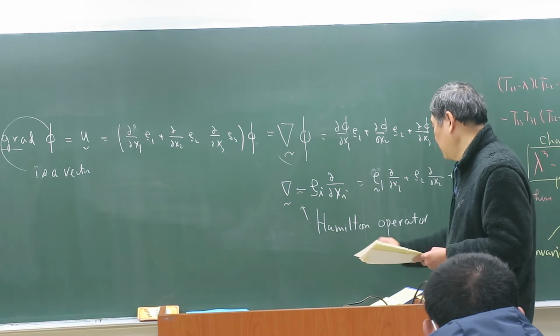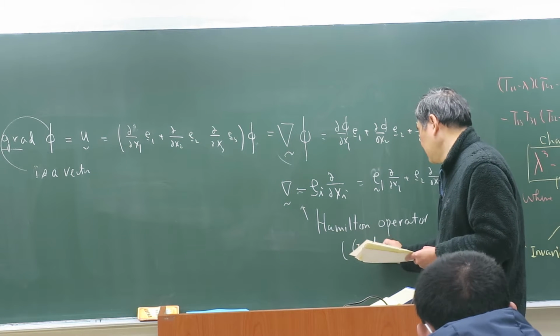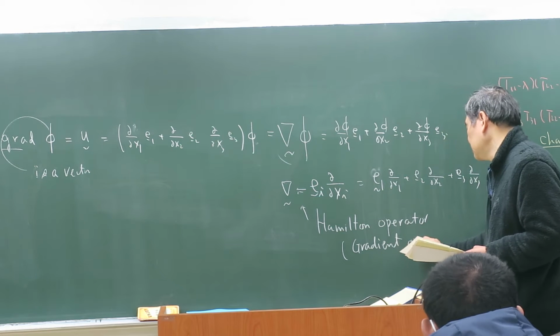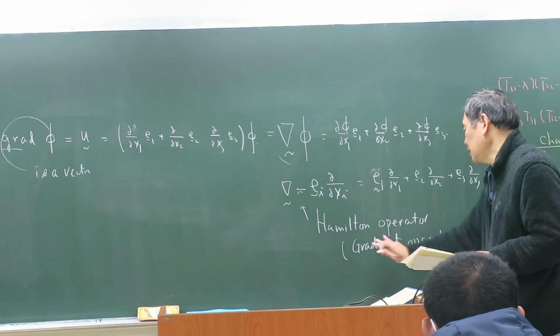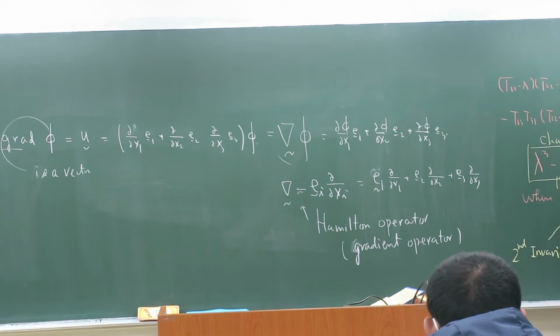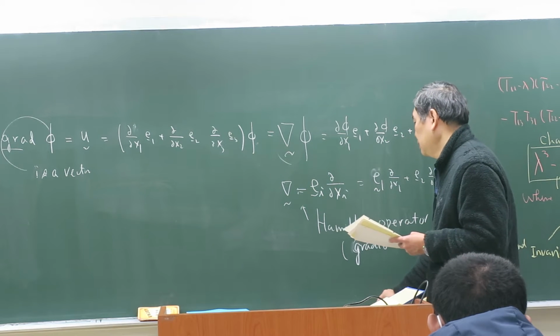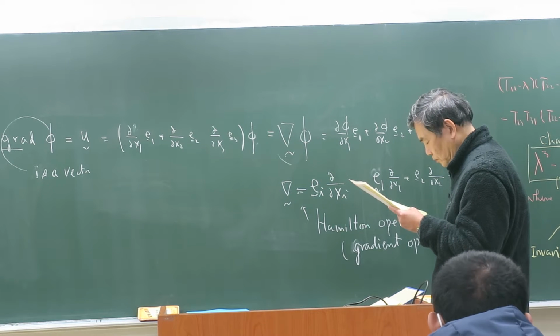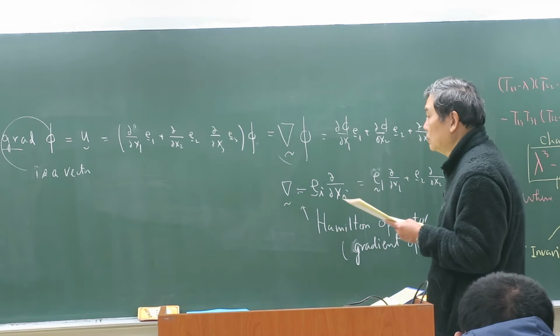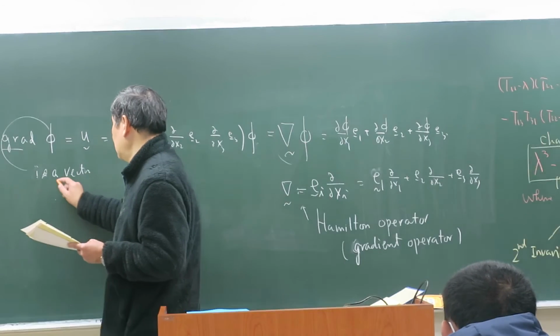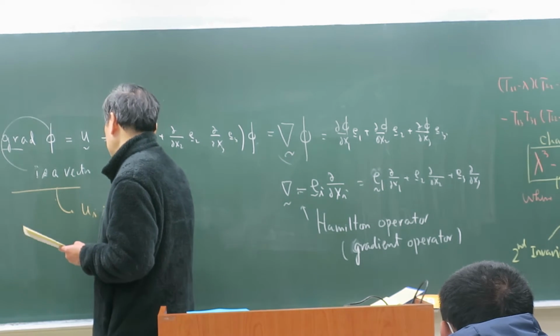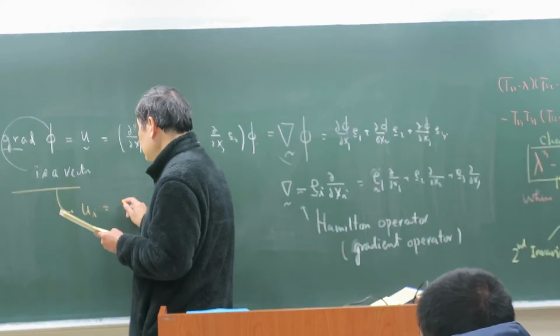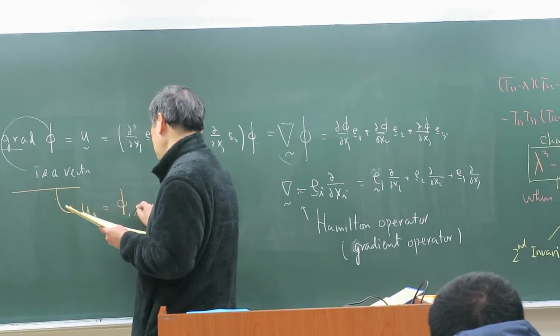Or we call it the gradient operator. So in index notation, ui equals phi comma i.